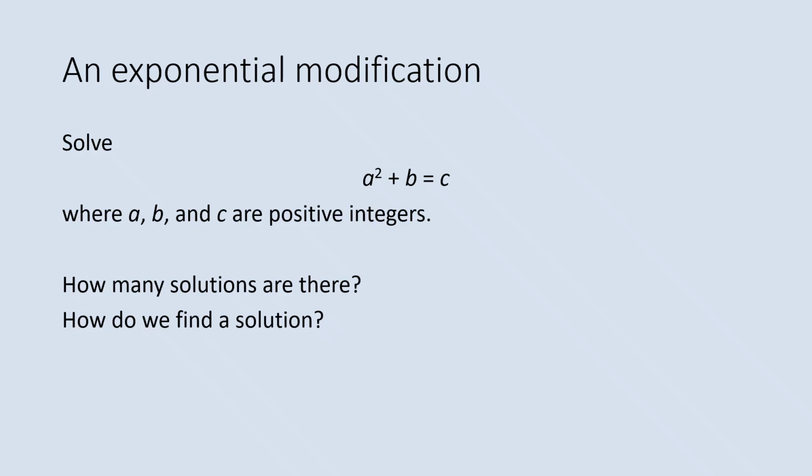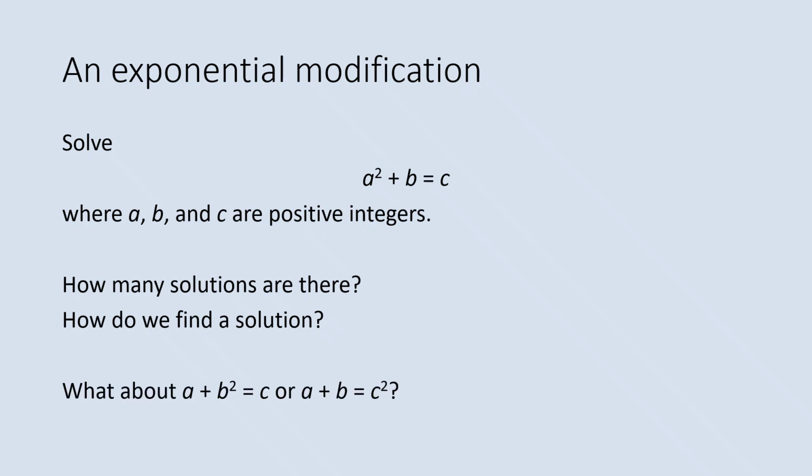Are there some right-hand sides that aren't possible in this situation? If a has to be squared and you're going to add b to that, are there some answers that you can't get as output? We can ask these kinds of questions from this kind of exponential modification. But as far as just solving the equation, there's not much difference from the previous settings.